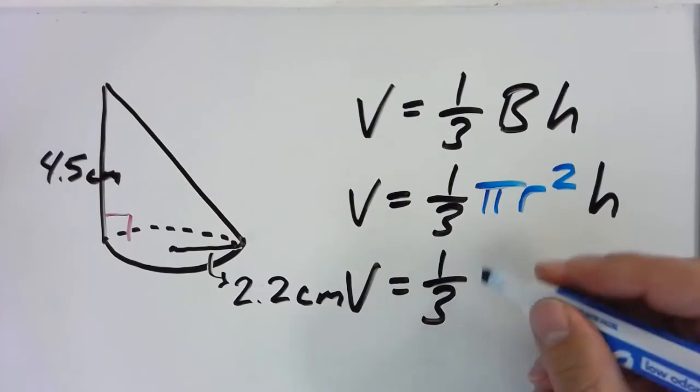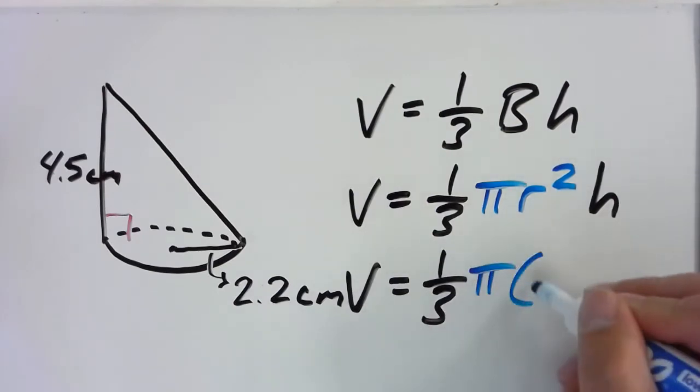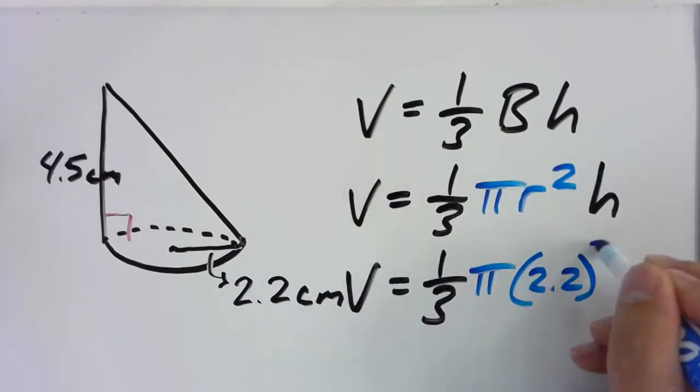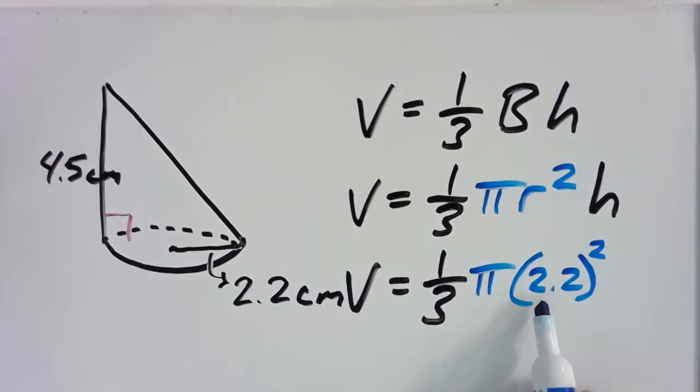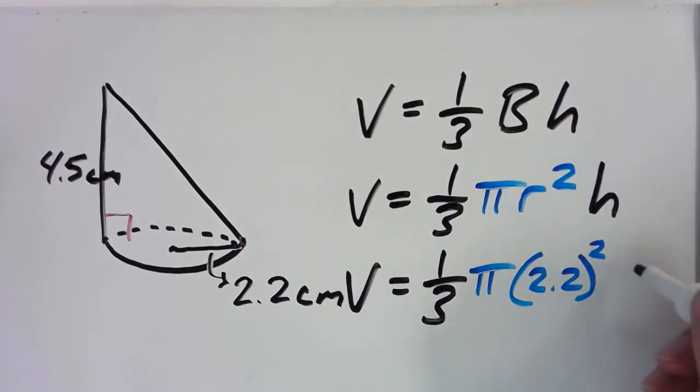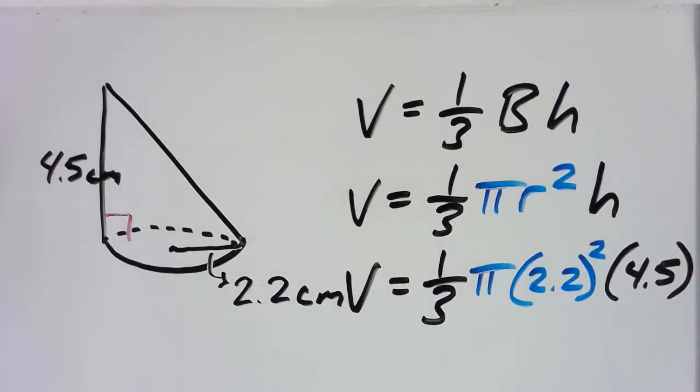The r here is that 2.2 centimeters. Be careful here of order of operations. I will have to square that radius first before I multiply it by pi, or the 1/3 for that matter. And then the height, altitude, depth here is that 4.5 centimeters.